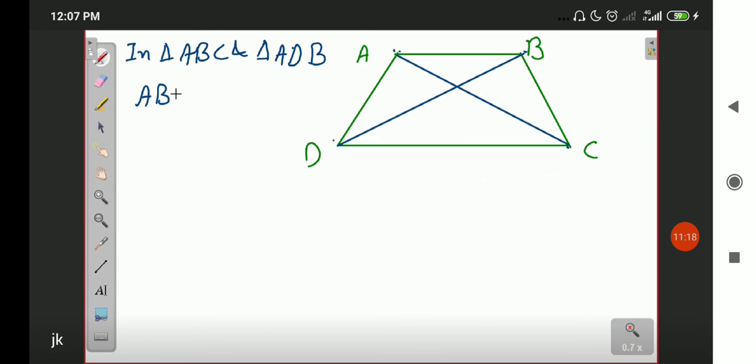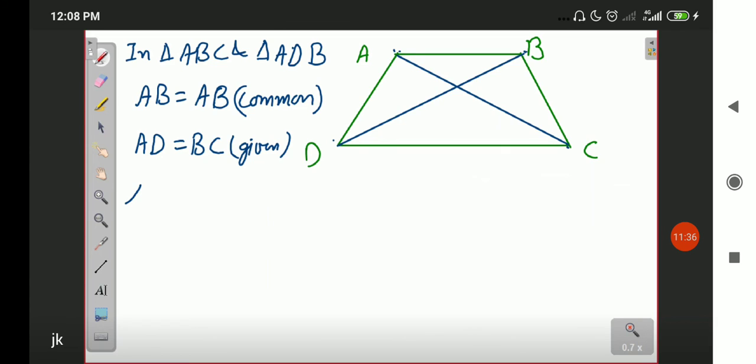AB line is common. Secondly, we are already given that AD and BC are equal. AD is equal to BC, given. And thirdly, we have already proved that angle A and angle B are equal, proved above.